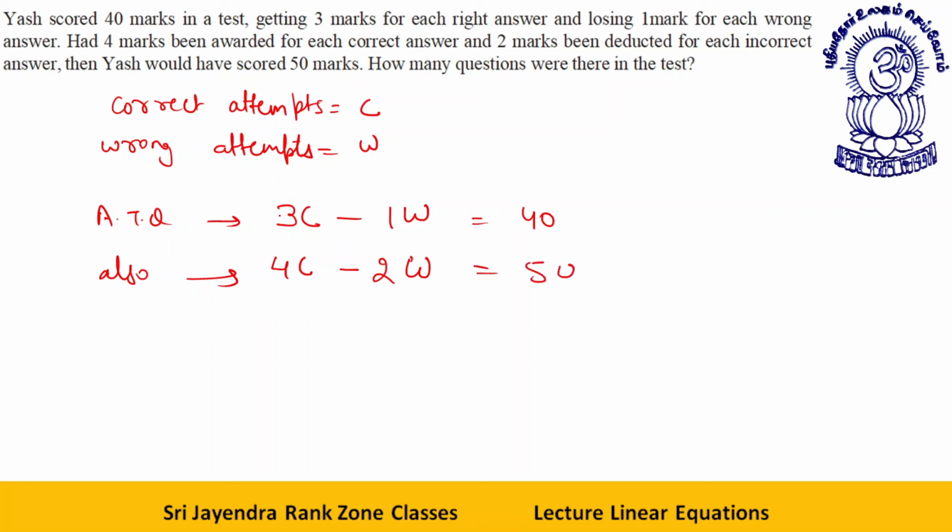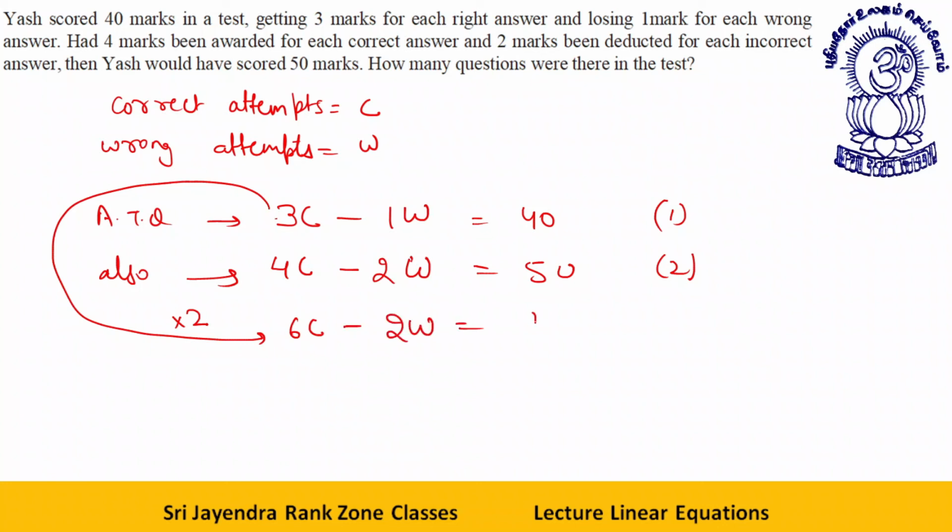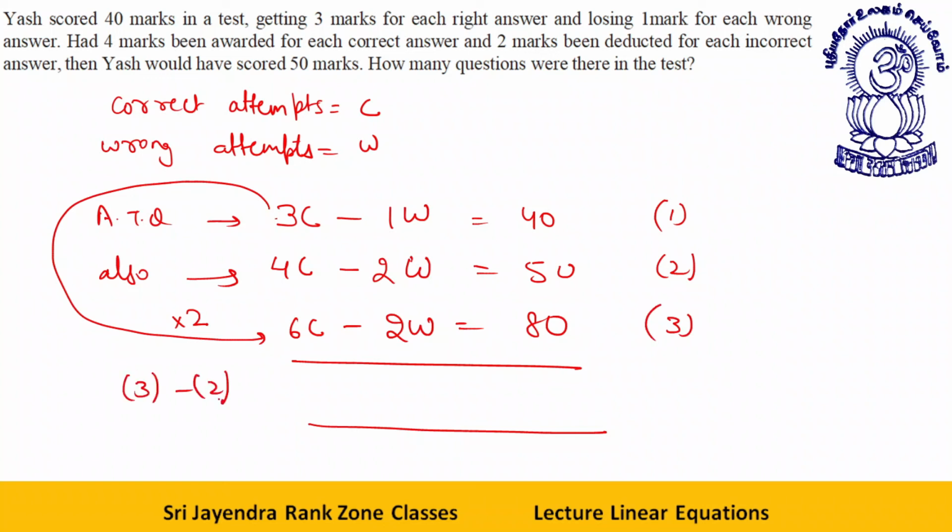Okay, what I'll do, first of all, this is first, this is second. I multiply this equation by 2. If I multiply this equation by 2, what do I get? 6 correct minus 2 wrong is equal to 80. This is third. What I do, equation 3 minus equation 2. 6 correct minus 4 correct, 2 correct.